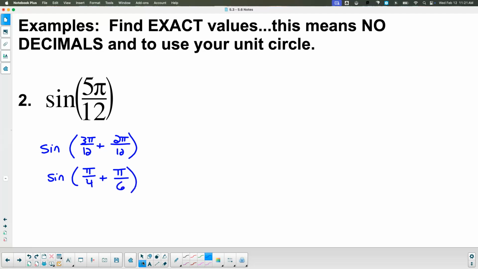Give me 2 that subtract to be 5 pi over 12.